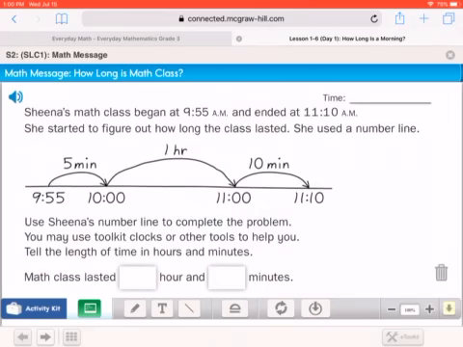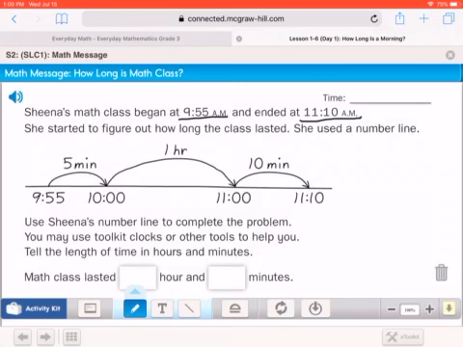So you can find this on slide 1 on Everyday Math Online, lesson 1-6, day 1, or you can find it on Math Journal, page 10. Okay, so Sheena's math class began at 9:55, and I'm going to underline that, and ended at 11:10 a.m. She started to figure out how long the class lasted.